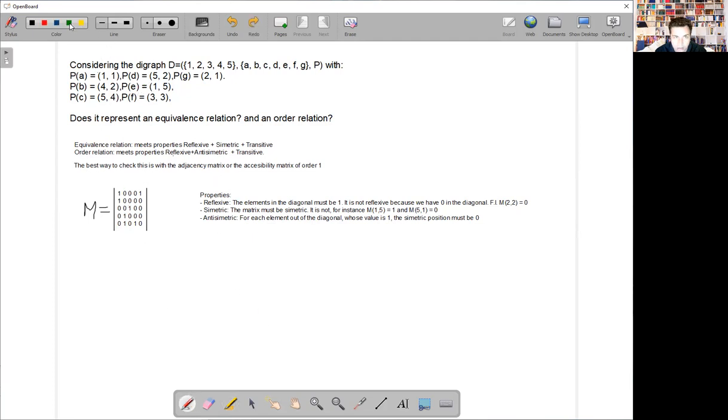Okay, it's this pen. For the symmetry, right, we can see how there are elements like this one that are not symmetric.